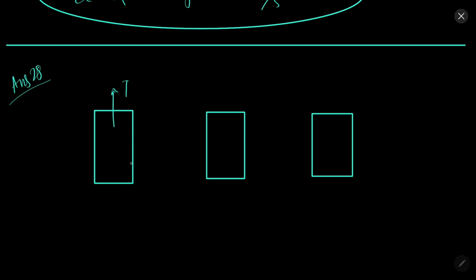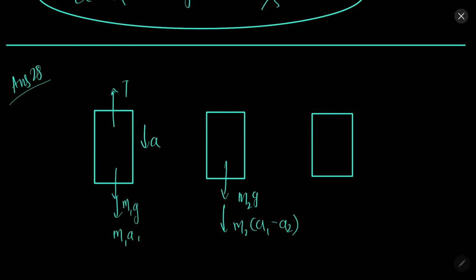First, tension T. This is mass m1 by the way. So this is m1g, m1a1, because the acceleration is a. Here it will be m2g, m2 times a1 minus a2.